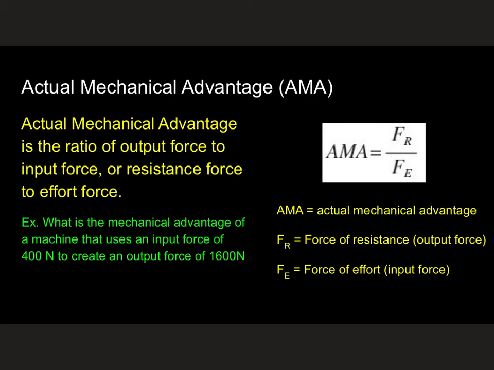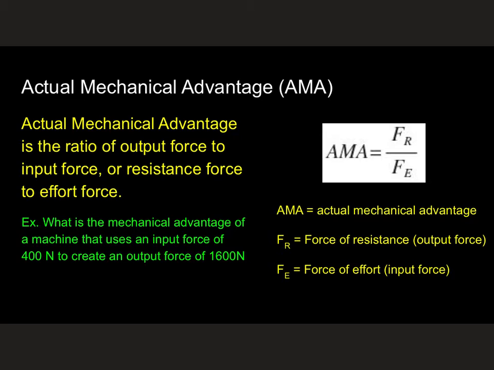So if I was doing this little problem, what is the mechanical advantage of a machine that uses an input force of 400 newtons to create an output force of 1600 newtons? Well, let me get my pen here.